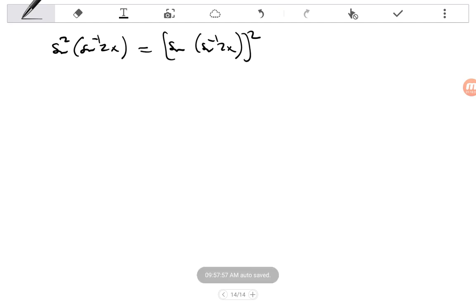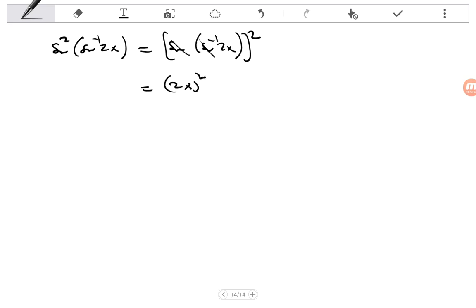What about this statement? Sine squared of sine inverse 2x. Now this is sine squared. I will write it again: sine of sine inverse 2x, all squared. We have learned that these two functions may cancel each other.